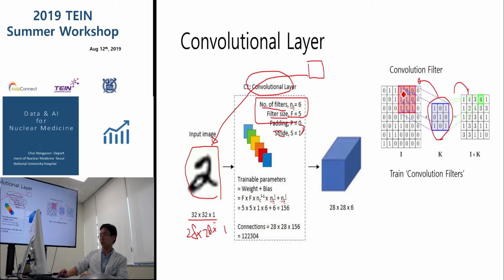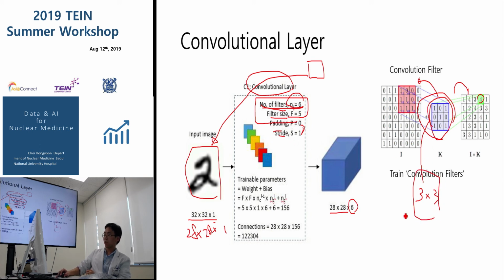And the number of filters is the total number of filters. So after applying this number of filters, the number of output channels will increase to this one. And the filter size is the size of the filter. For this case, a 3 by 3 filter. So after applying the 3 by 3 filter, the output will be 26 by 26, and then the number of filters.